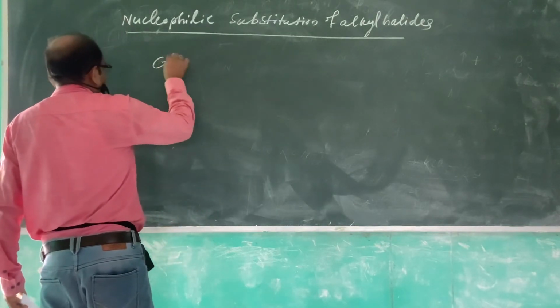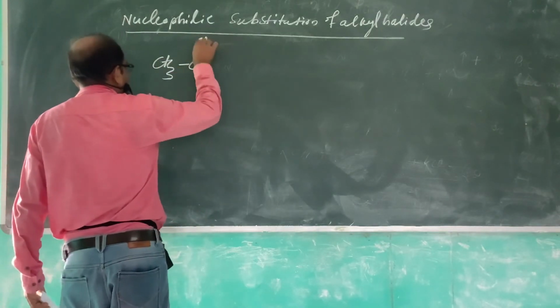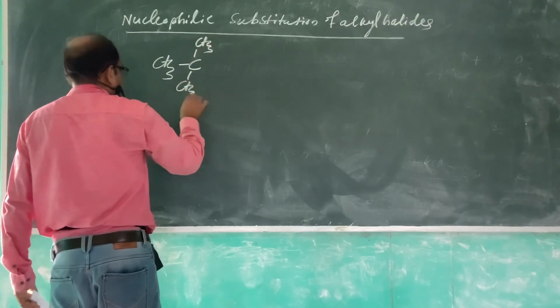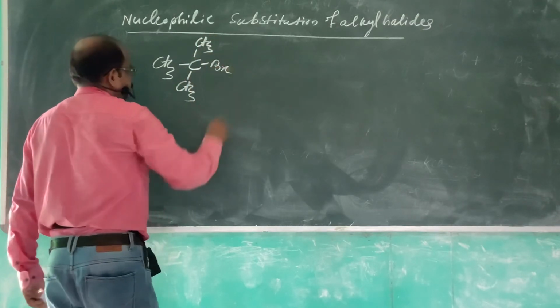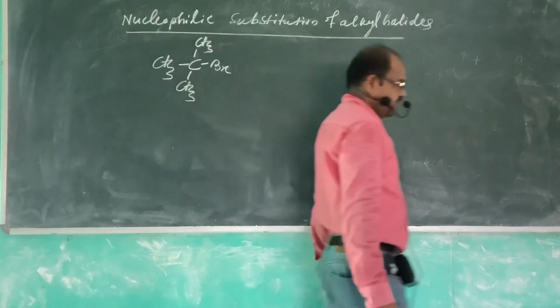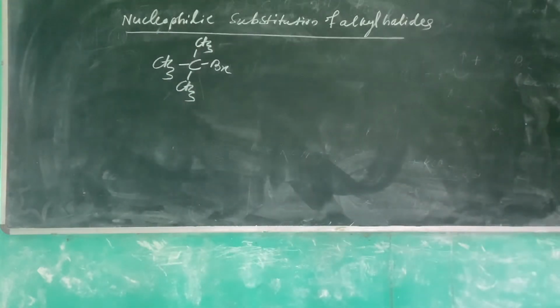Let us consider tertiary butyl bromide, that is a tertiary alkyl halide.